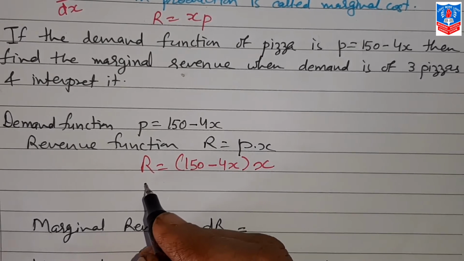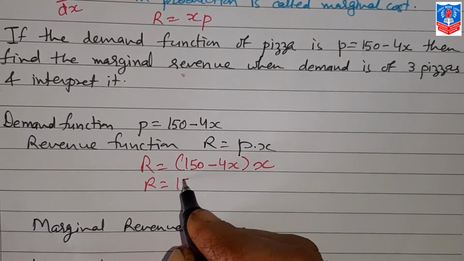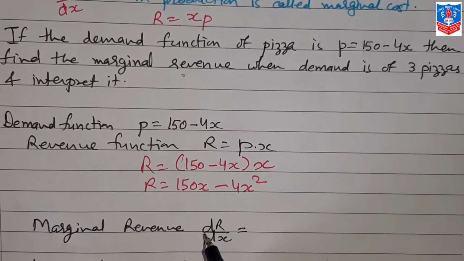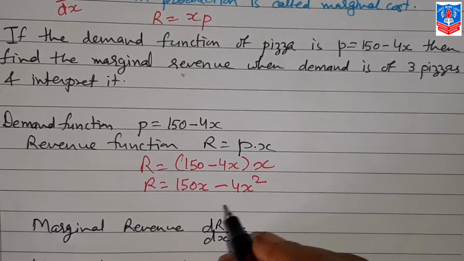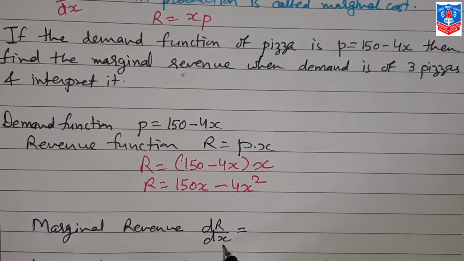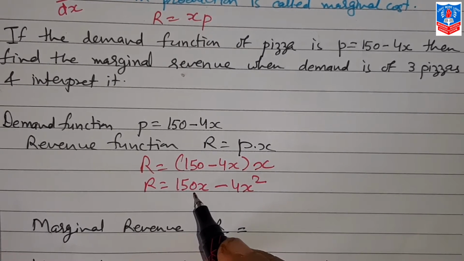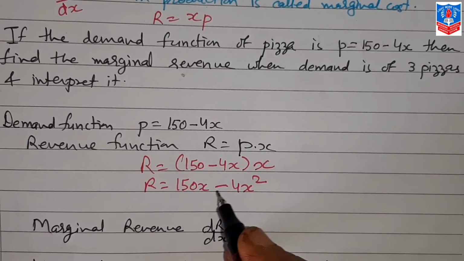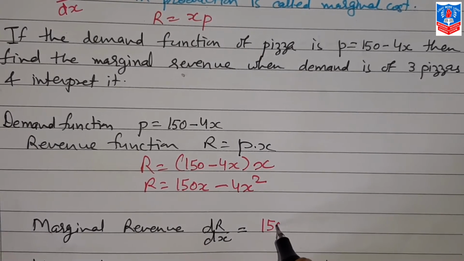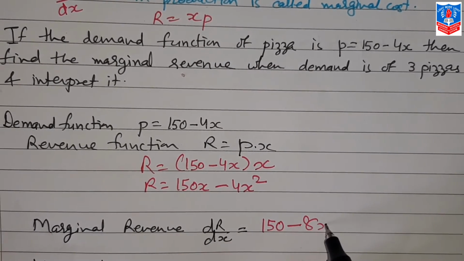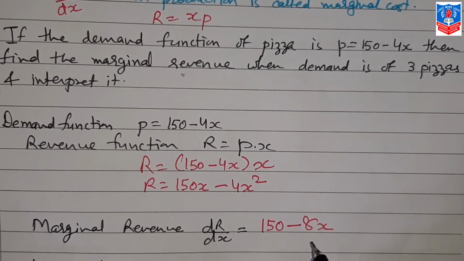So R will be 150x minus 4x square. If we find dR upon dX, that is marginal revenue, it will be 150 minus 4 twos are 8x.